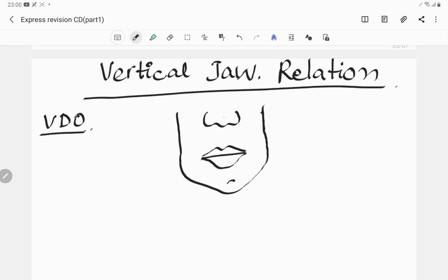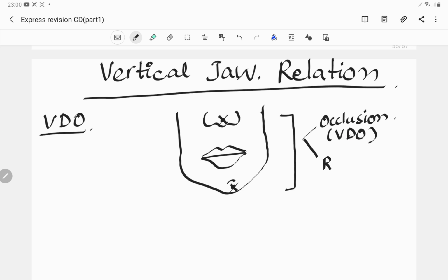We take 1 point above the mouth, 1 point below the mouth, and then we measure this distance. If this distance is at occlusion, that means the occlusal rims are occluding, the patient is wearing occlusal rims. So this is the vertical dimension of occlusion. If it is at rest, then it is the vertical dimension at rest.